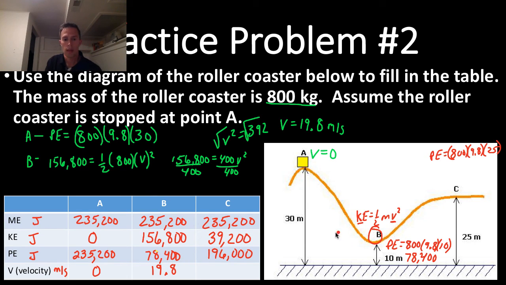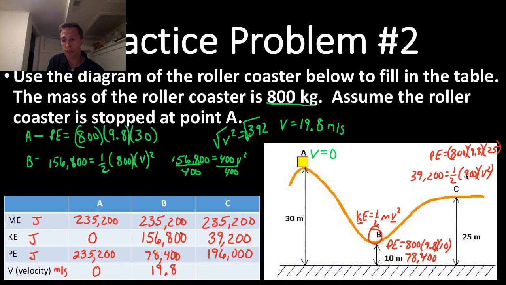Okay. And now everything's finished except we need to figure out what its velocity will be at point C. We know its kinetic energy is 39,200. Let's set that equal to the kinetic energy formula, 1/2 times the mass, 800, times velocity squared.